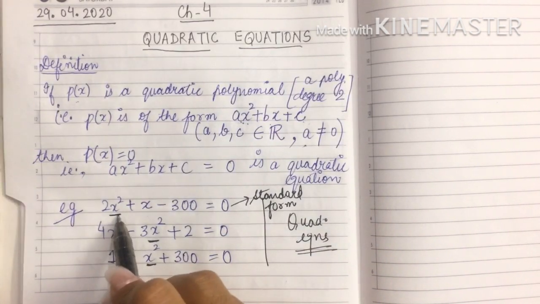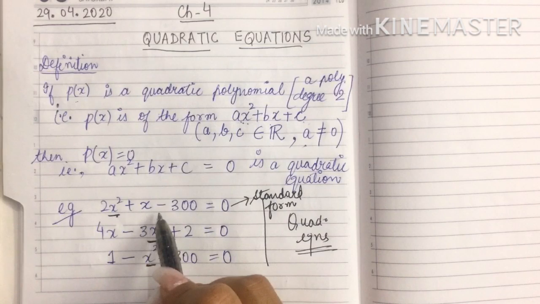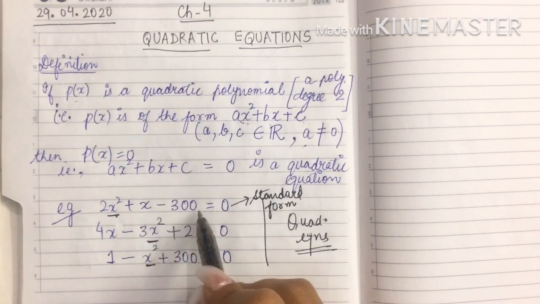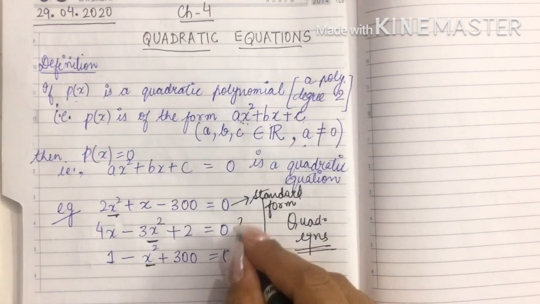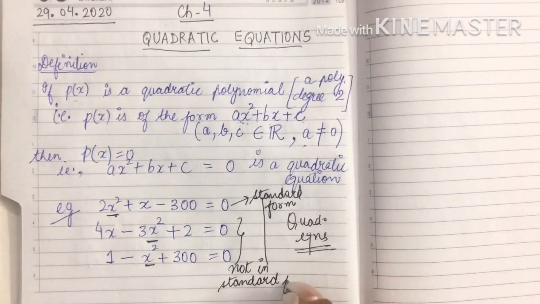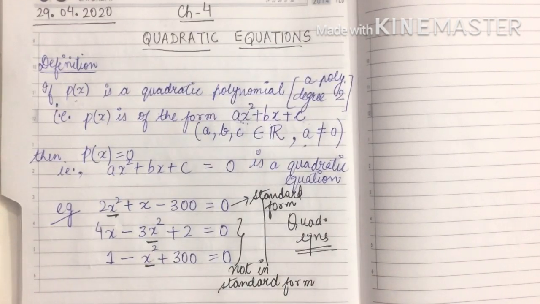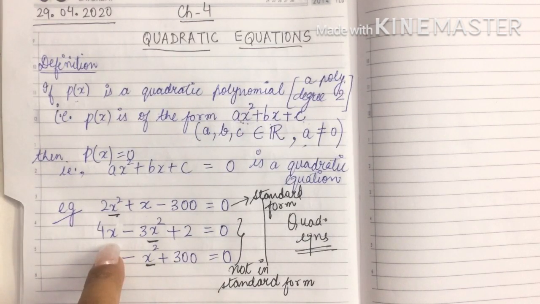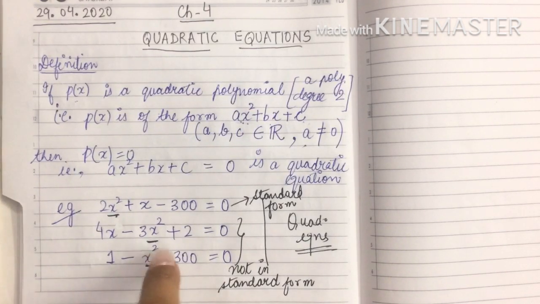I've got the term with x² at the first place, then the term with x, then the constant term. But these two are not in standard form because the order of the terms is not in descending order of powers. Here I've got the term with x first, the term with x² afterwards, the constant is at the end.